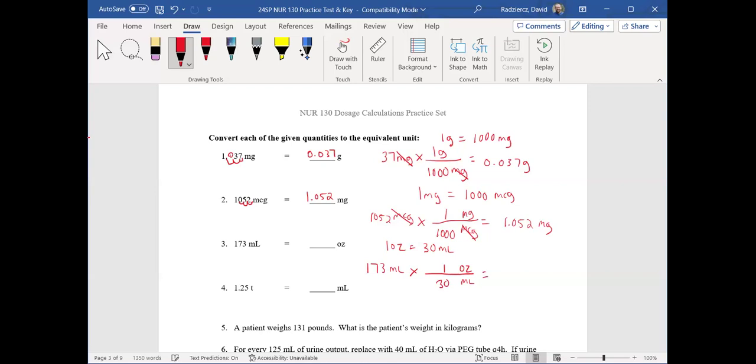Now, if I get a decimal answer, because we're going from different units, from metric milliliters to household ounces, I may need to round to the nearest tenth. It doesn't always work out that way, but if it does, then I will round to the nearest tenth. So I'm going to take my calculator, 173 divided by 30, and I'm going to get 5.76 repeating. Okay, so it's a big long number, 5.76 repeating.